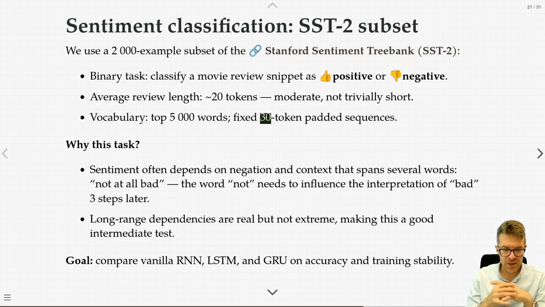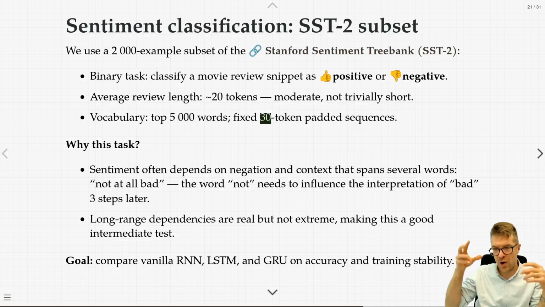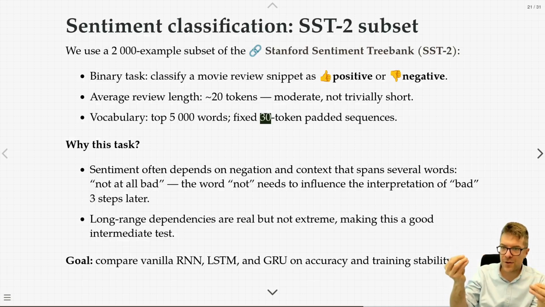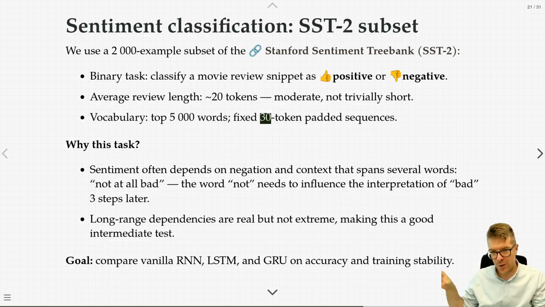So someone saying, the movie was pretty good at first, but at the end I didn't like it, or this movie is fundamentally flawed, but considering the acting and the writing and the directing, it was generally an enjoyable movie, right? So there's bits of information about the sentiment at the beginning and end of those example sentences, and to come up with an overall classification for the sentiment, positive or negative, you're going to have to incorporate information that spans a long period of time.